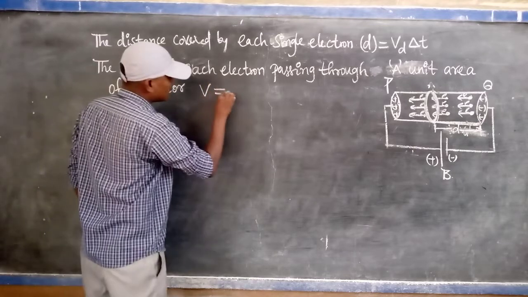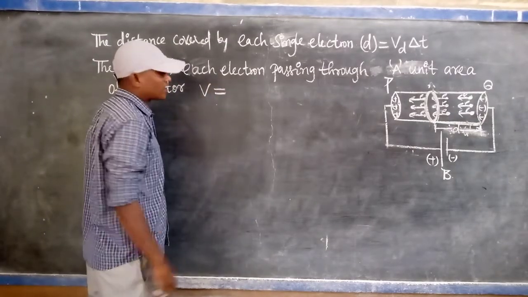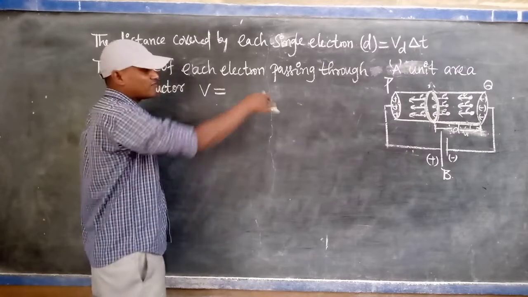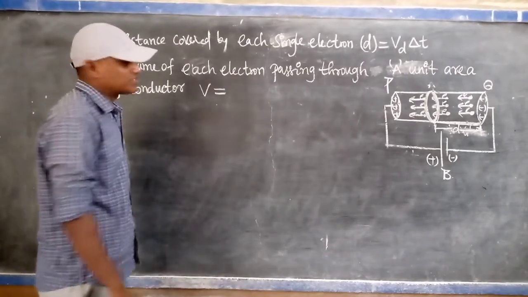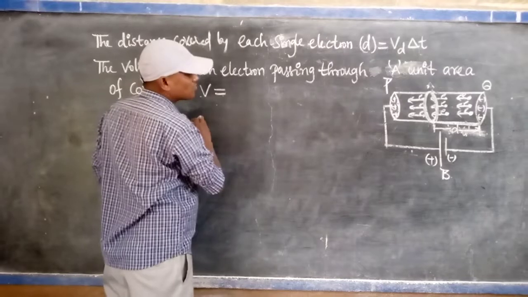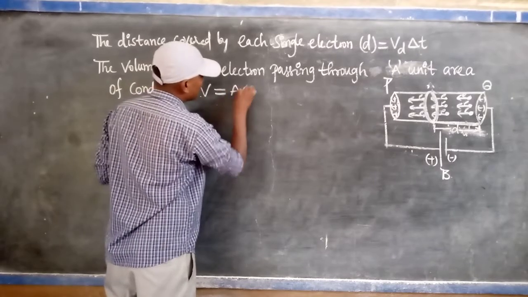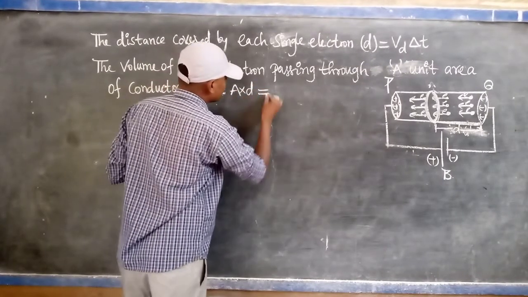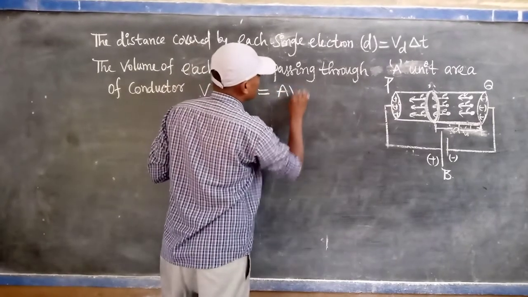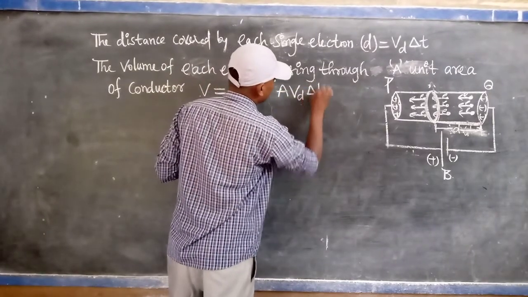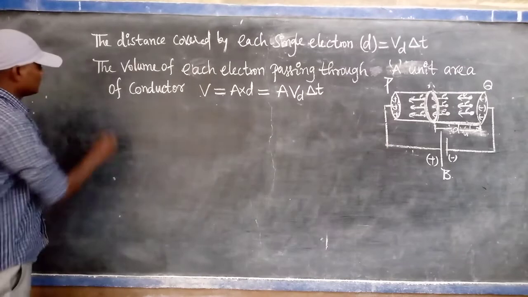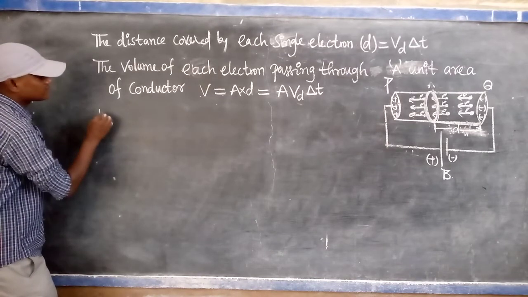V is equal to, okay, the volume is constant because the number of electrons does not change. So that's why V is equal to A into D, that is equal to A into Vd delta T.